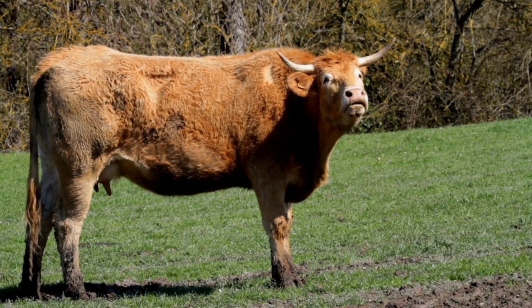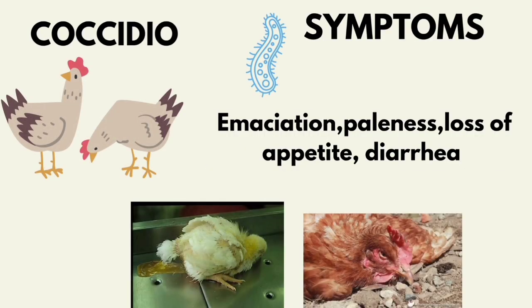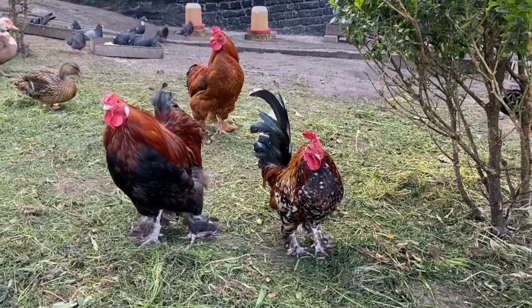The next disease is coccidiosis, and it is a protozoan disease. The symptoms include emaciation, paleness, loss of appetite, and blood-stained or watery diarrhea. Coccidiosis affects poultry. So now let's take a look at the mode of transmission.